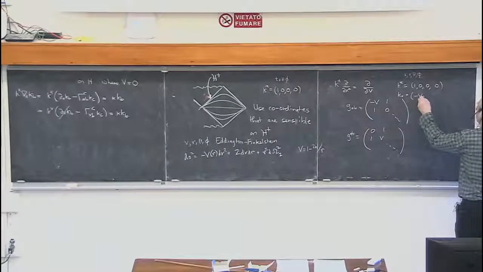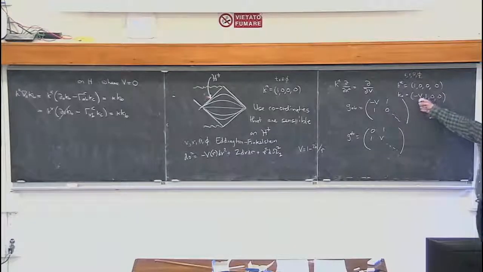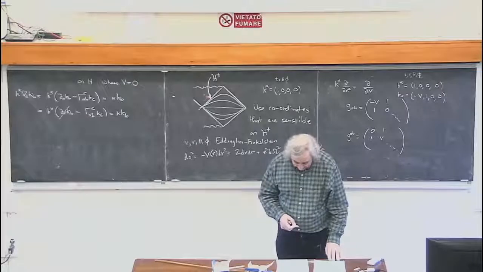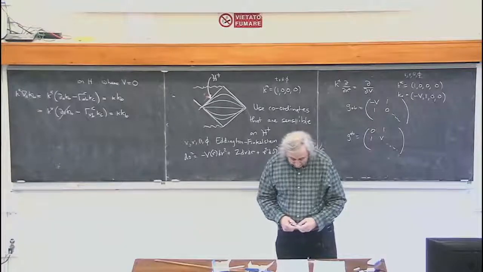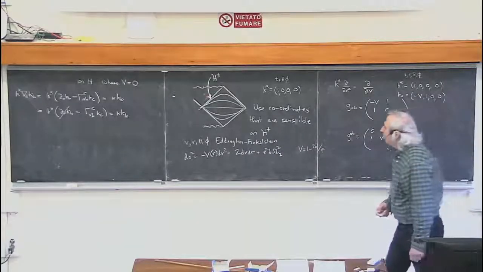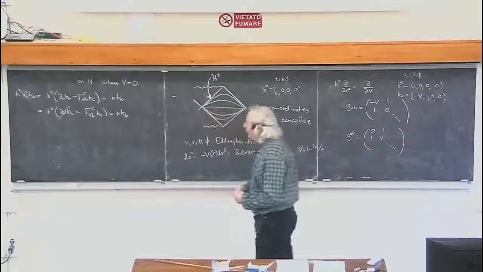What you'll get is minus v, 1, 0, 0. So you'll notice that this thing vanishes on the horizon. That tells you immediately that the v component of this equation is worthless, because you're going to get a 0 here, and that doesn't give you anything useful.